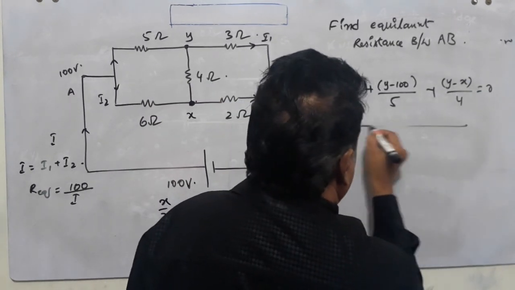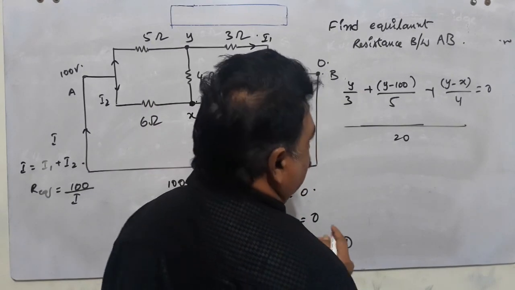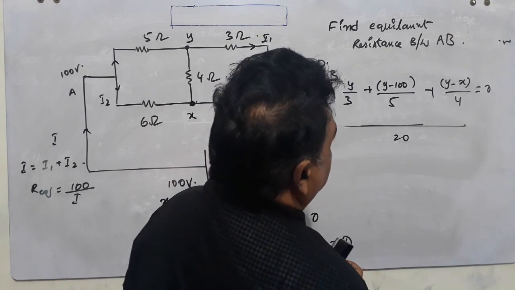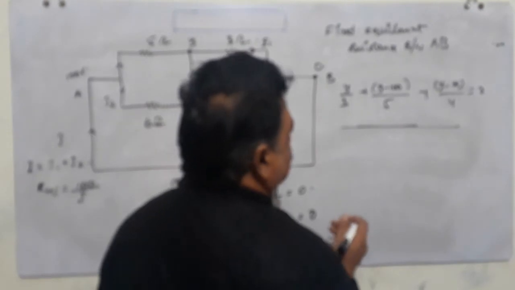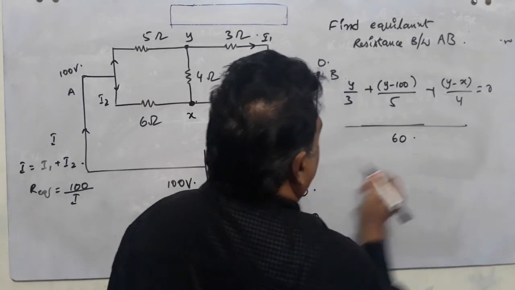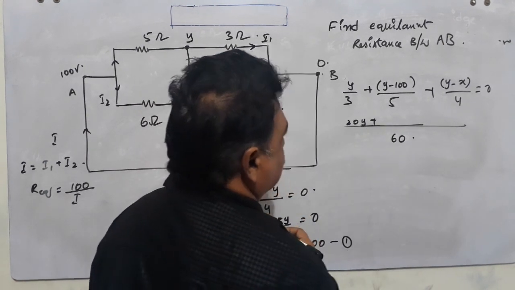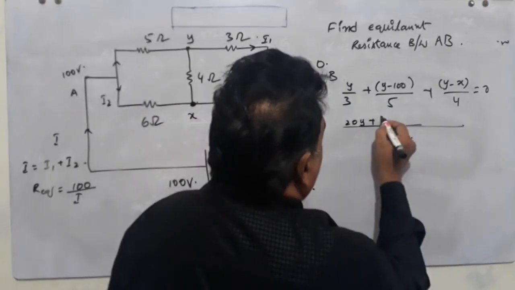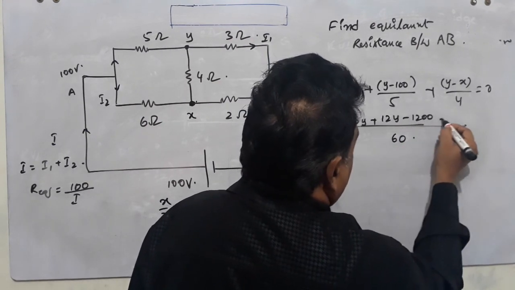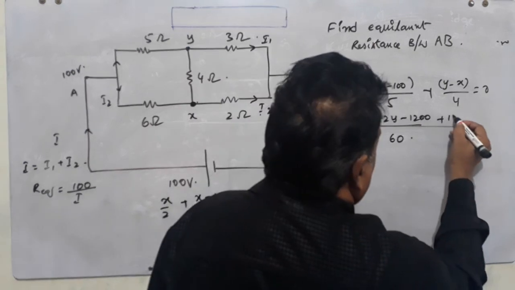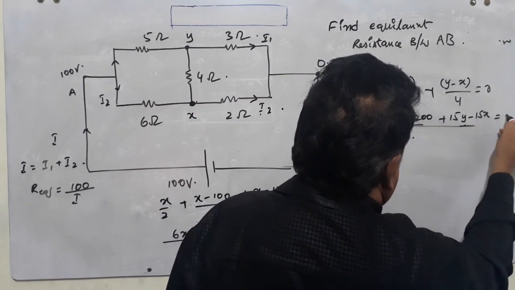Here the LCM is 60. 20y plus 12y minus 1200 plus 15y minus 15x is equal to 0.